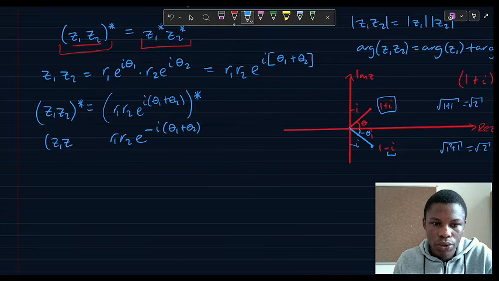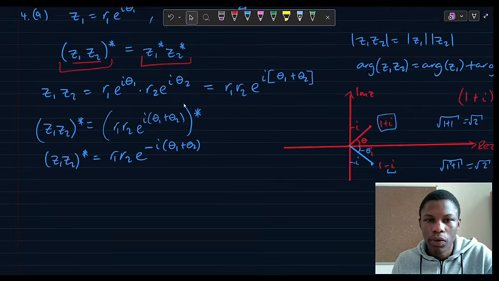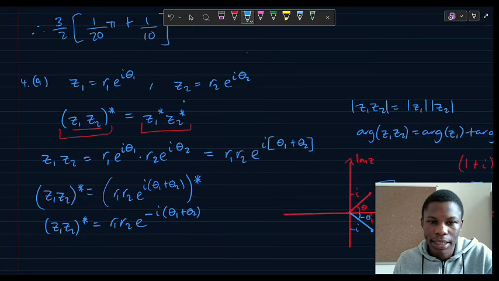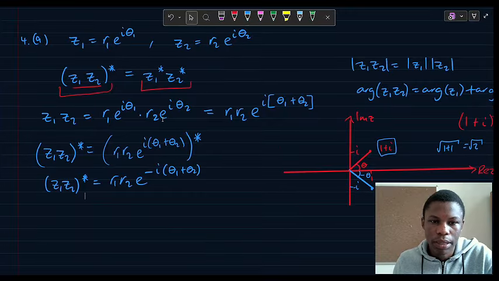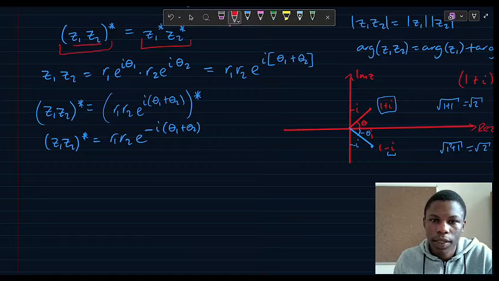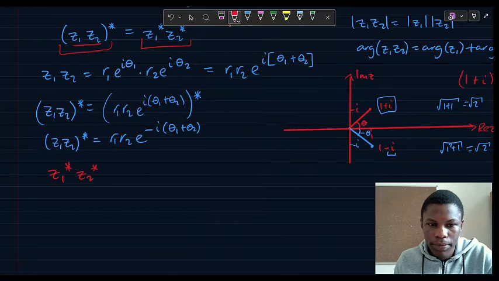And now we want to find Z1 star times Z2 star.